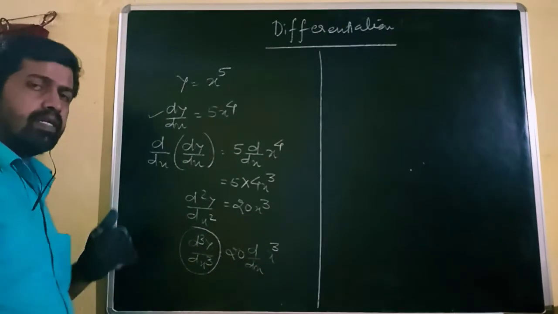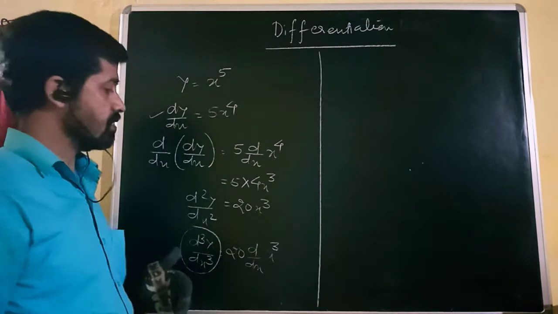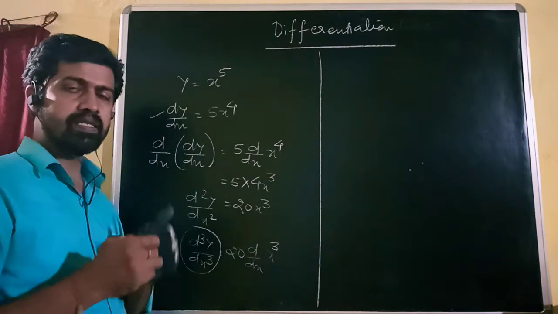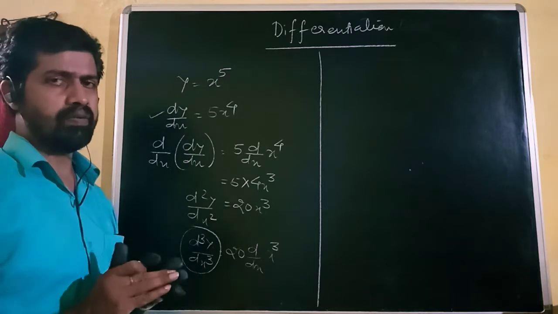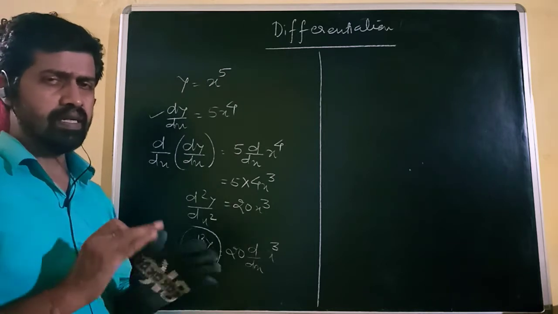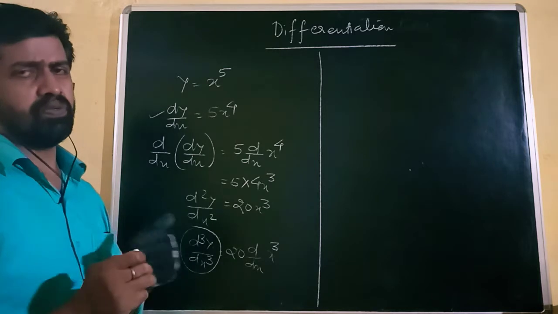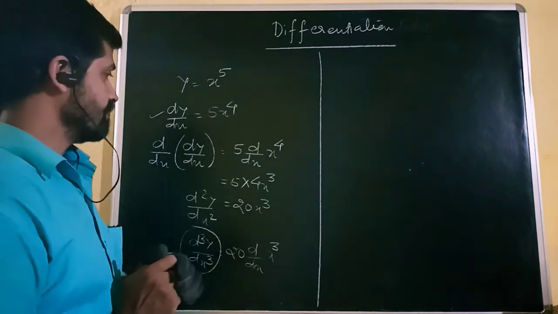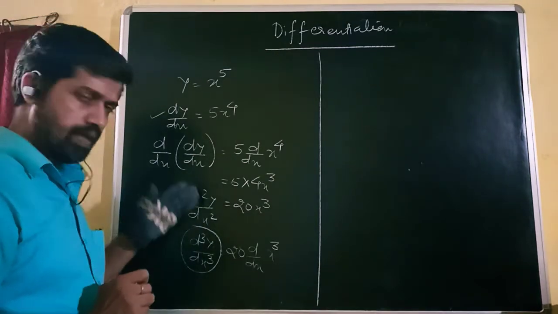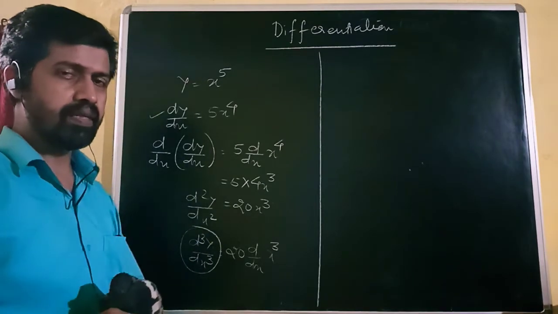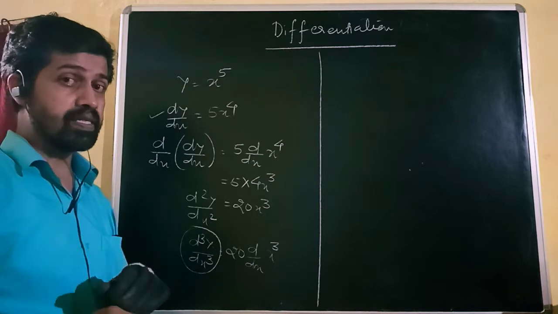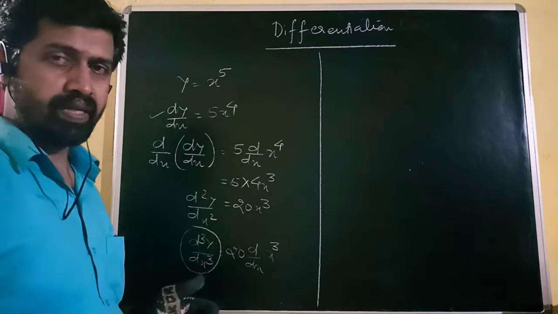We call it higher order derivative because first, then second, then third, then fourth, and so on. However, in our syllabus it is limited to a maximum of fourth order. So in some cases, as I mentioned in the beginning, it is found to be easy. This was one of the cases.